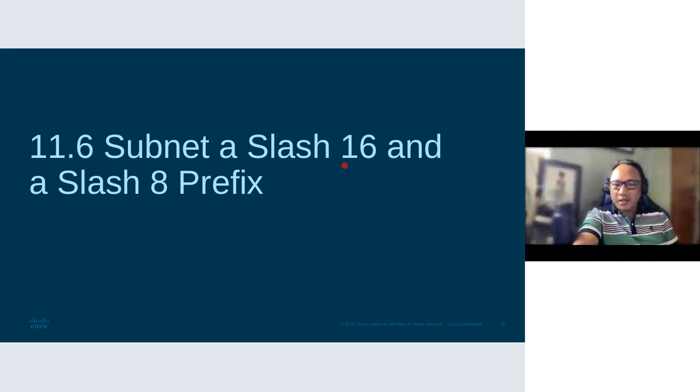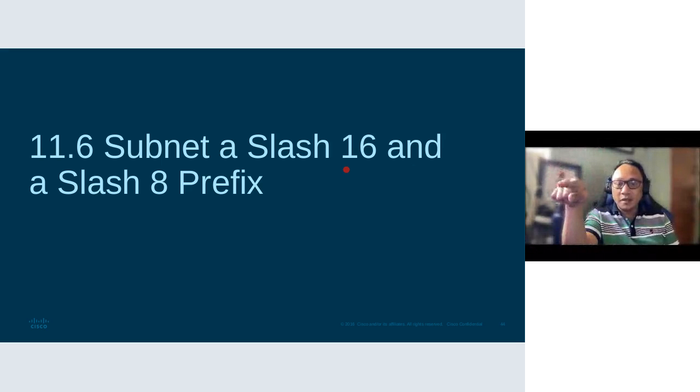Itong mga /16 and /8 na to, first thing that you need to understand here ay napakalaki ng mga network na to, no? /8, /16. Ibig sabihin yung number of hosts na pwede nating gamitin kapag ganito ang slash, napakalaki. Pag sinabing 16, yung dalawang octet ang nasasakop niya na naka 1, di ba?